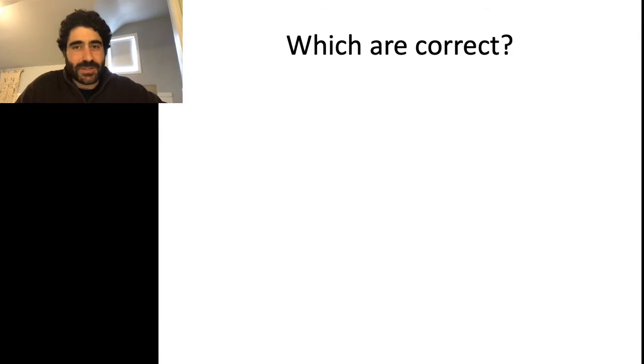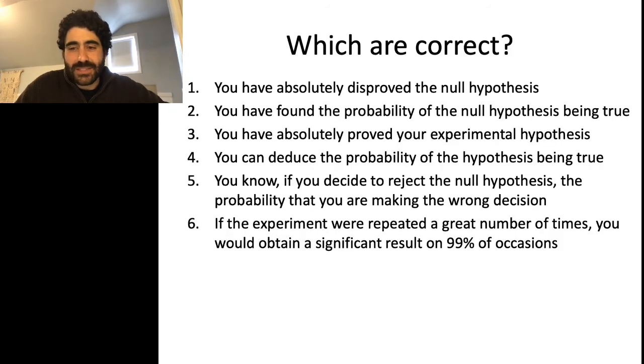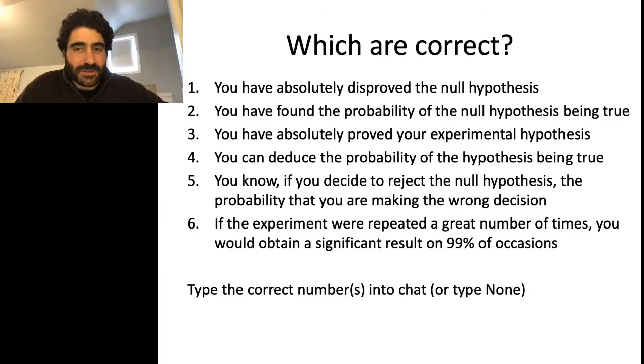Again, we ran an experiment. It's two sample groups here. We have a p of 0.01. The question is, which of these 6 are true? It again could be all or none. Whenever you're ready, type into chat which ones of these you think we can correctly conclude from a p of 0.01.